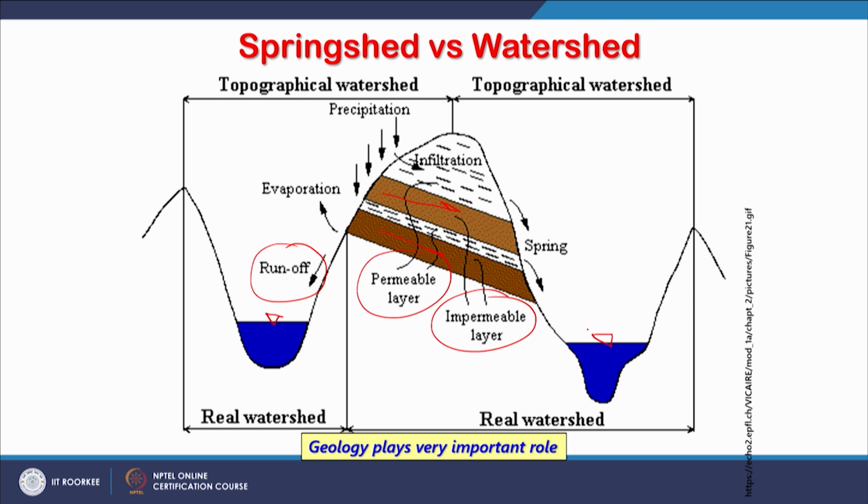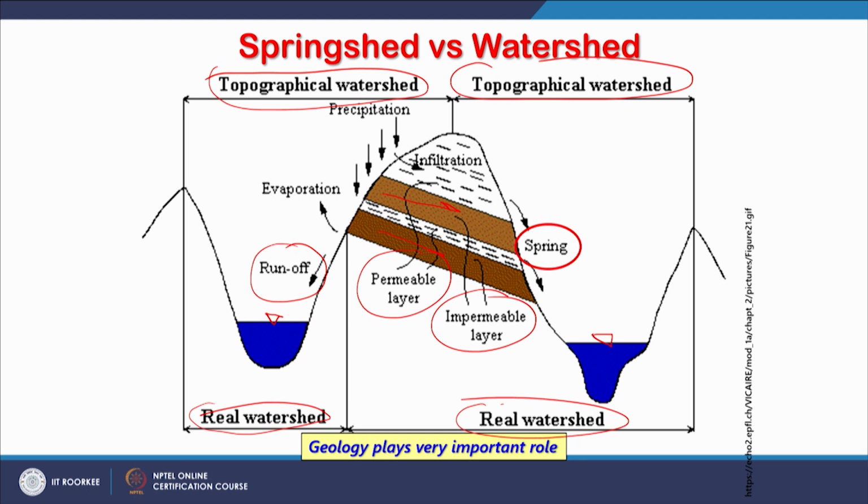Another stream is also formed here, which you can see. Some evaporation may occur and other things. So, these two are topographic watersheds, whereas the real watershed is having less size and the other one is having more size than the topographic watershed. So, this kind of arrangement is also possible.